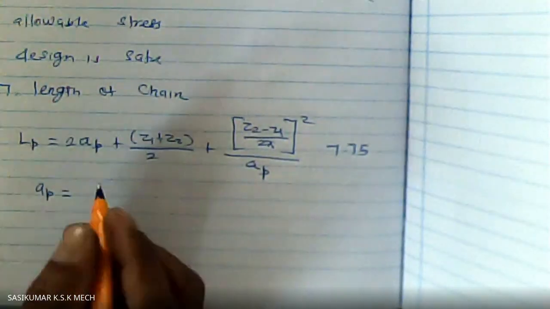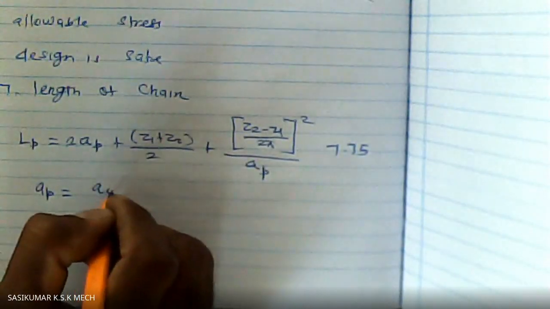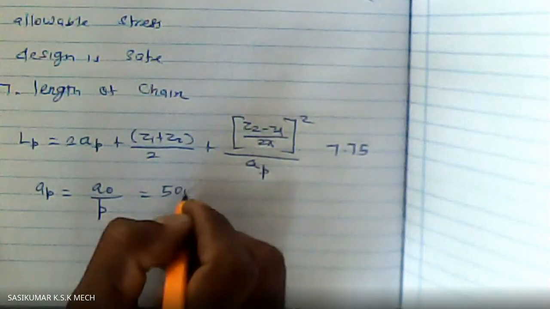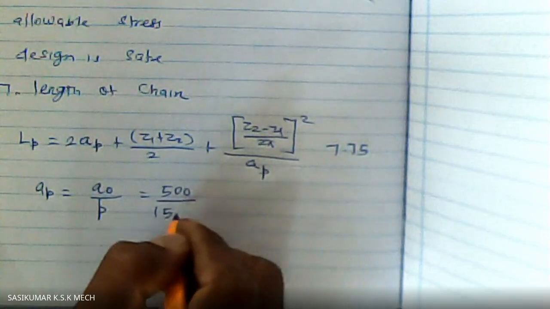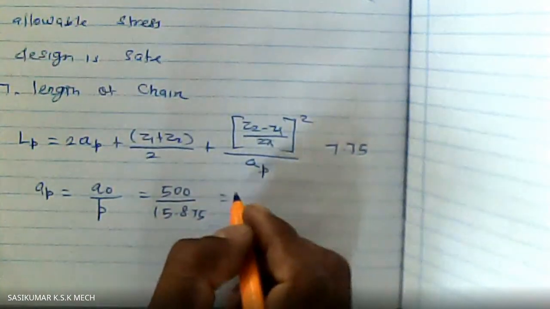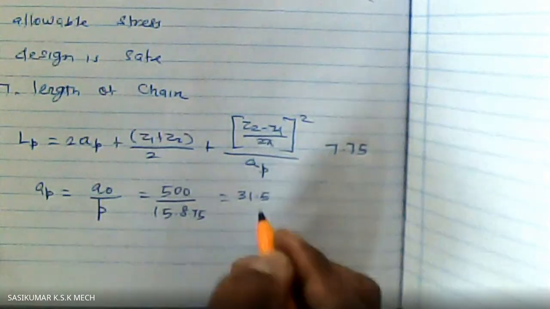AP is equal to A naught by P. Here A naught is center distance 500, pitch is 15.875, so which is coming as 31.5.